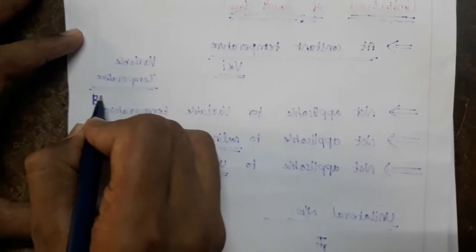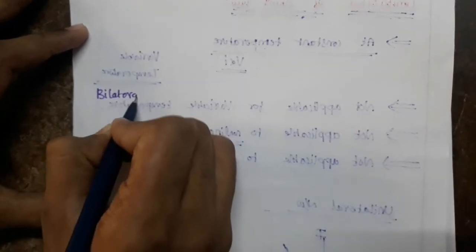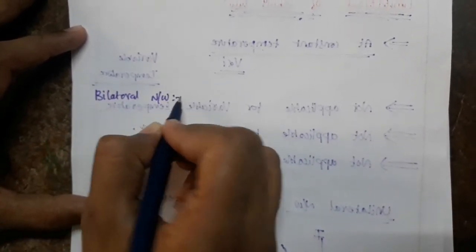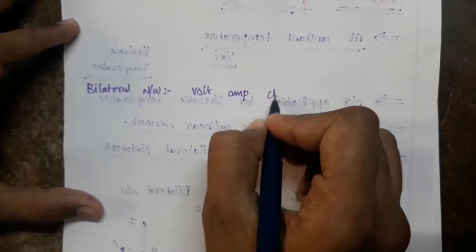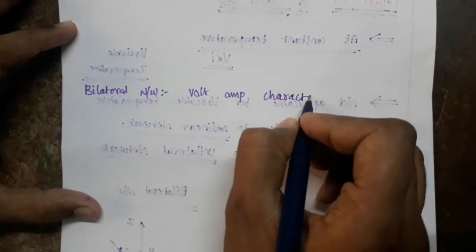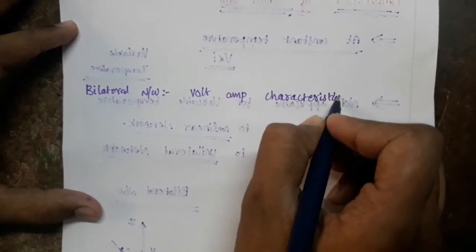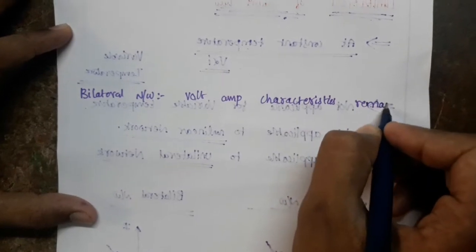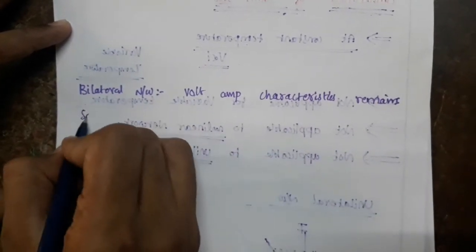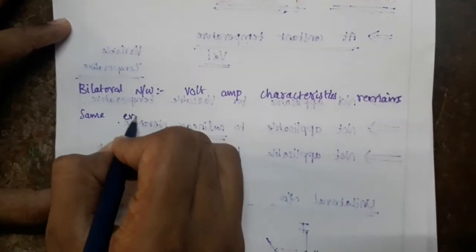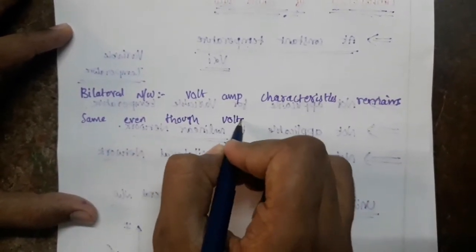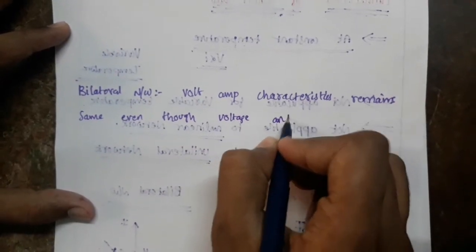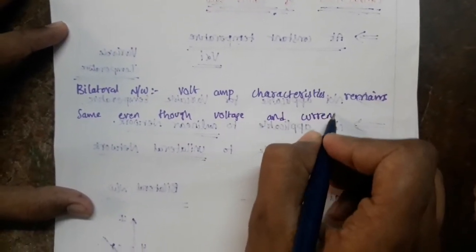That means, for the bilateral network, the Ohmic characteristics remain the same, even though voltage and current are reversed.